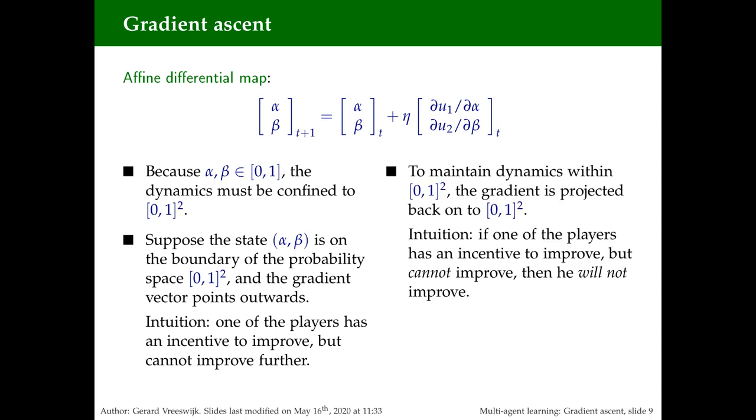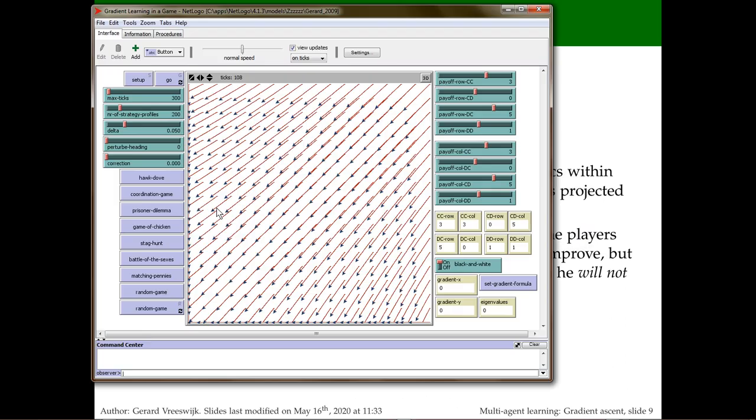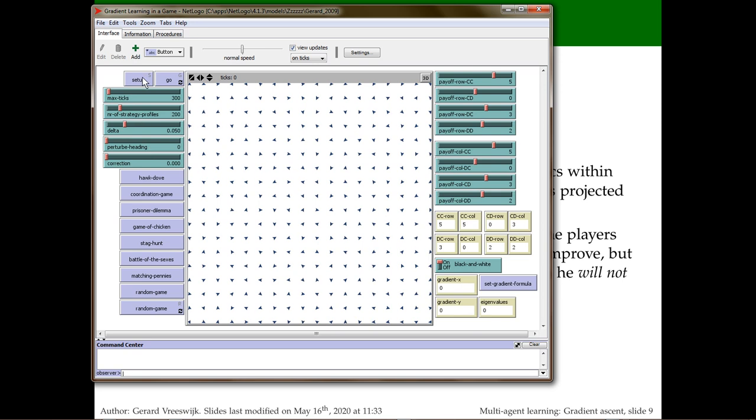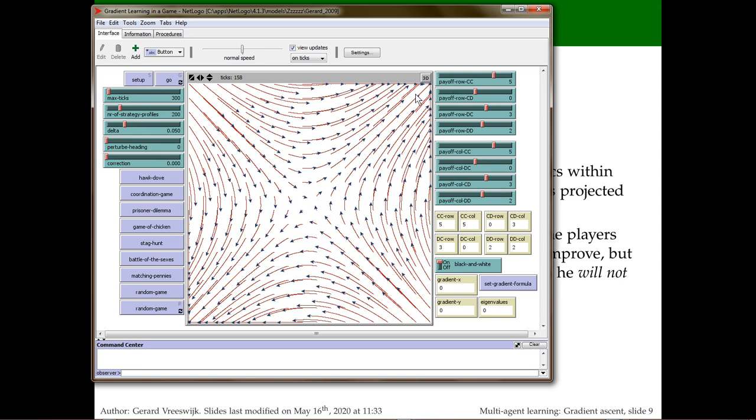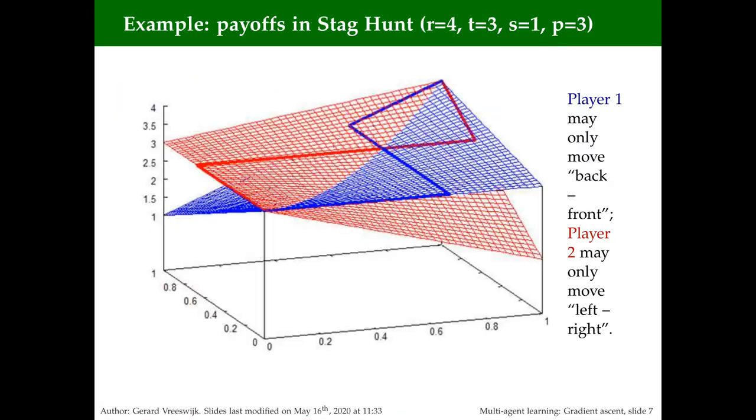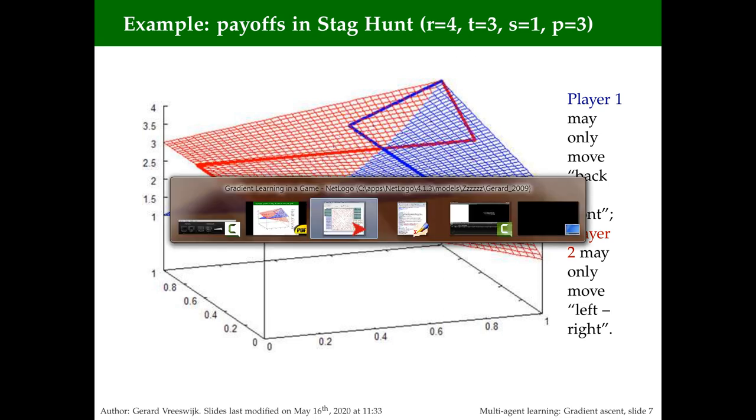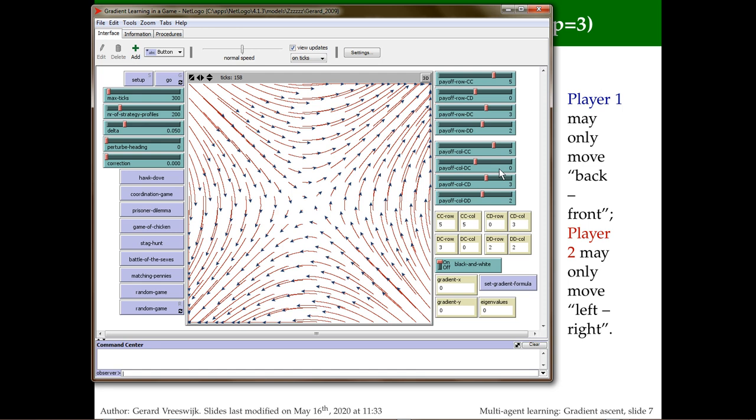So to maintain dynamics, well, I could just as well show the stag hunt, and you see here, well, the payoffs are not the same, so I should use the payoffs. 4313, 4313. 4, 3, and 1, I believe.